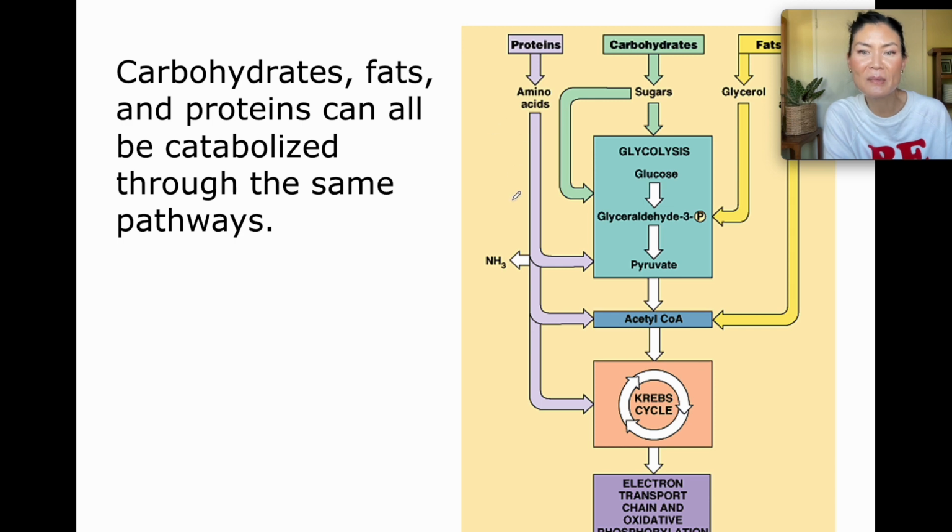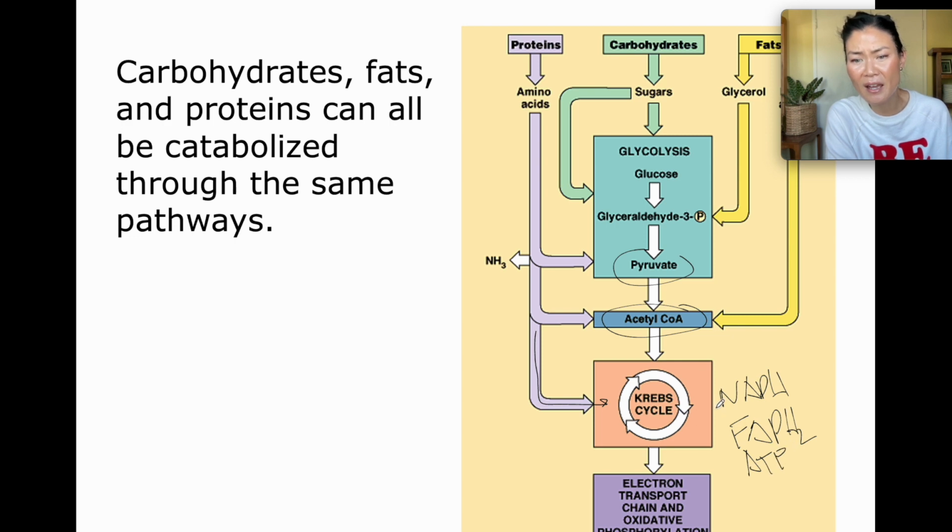You can break down the amino acids and they can turn into pyruvate or acetyl-CoA. They can enter in the Krebs cycle as any of those intermediates. And then you end up with NADH, FADH2s, and ATP being made in the Krebs cycle, but then NADH and FADH2 are going to enter the electron transport chain to make ATP, okay?